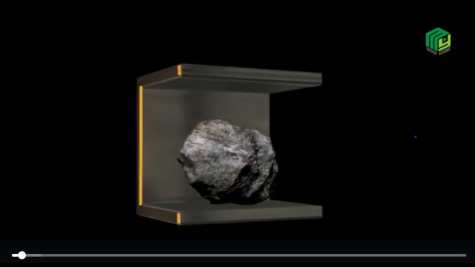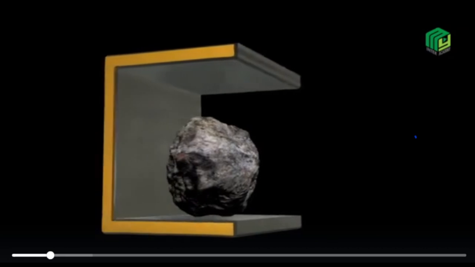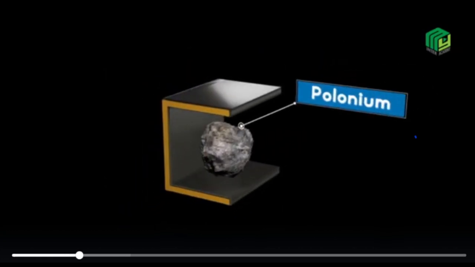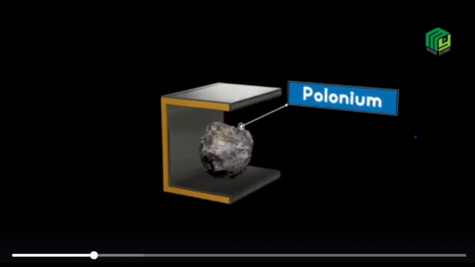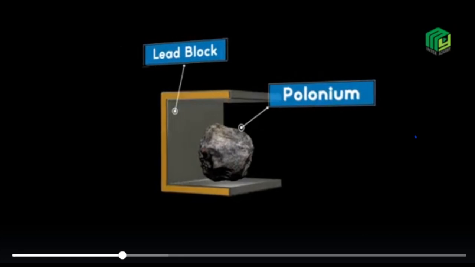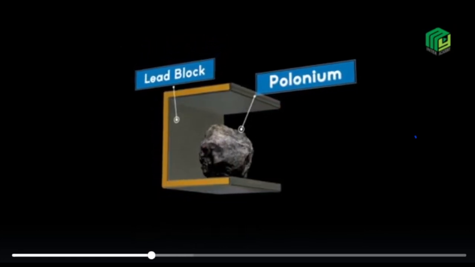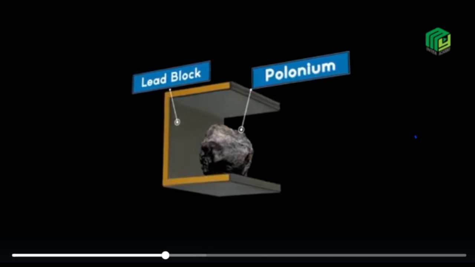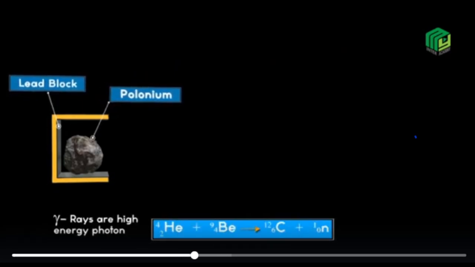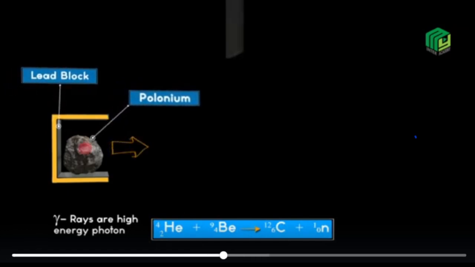In order to understand the discovery of neutron, let us consider an experimental setup in which polonium is placed inside a cavity. The cavity is made up of lead material. The purpose of using lead block is that lead does not allow the radiations to pass through from all directions. A small opening is given in the lead box, and only radiations can pass through from this opening.